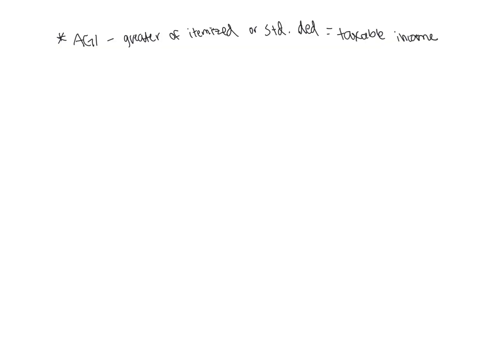So let's get our starting point, because that's probably going to be the easiest number in the whole problem. So our starting point is going to be AGI. And our requirements told us to assume that AGI is $107,000. So AGI, $107,000.